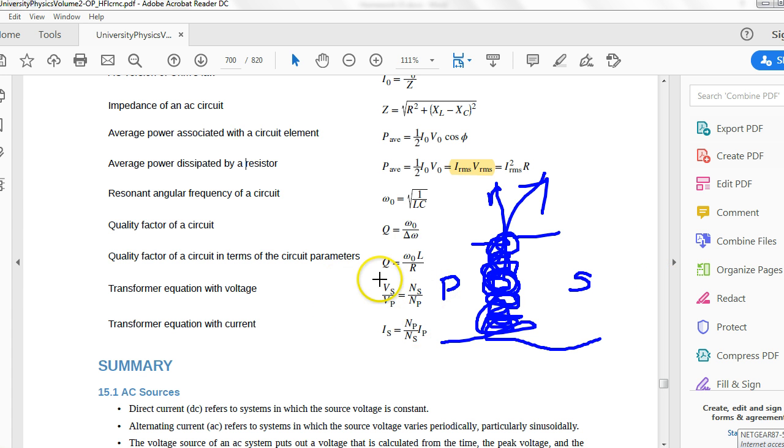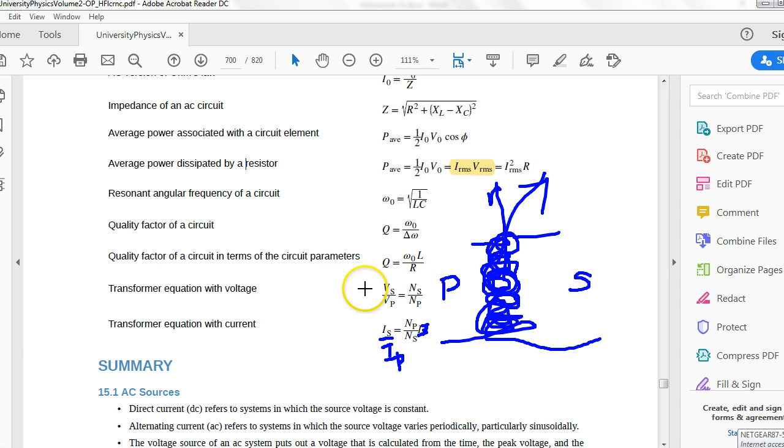And all this defines is the voltage on the secondary divided by the voltage on the primary is just the number of windings on the secondary divided by the number of windings on the primary. If you look at it from a current perspective, I would write this IS over IP, right, is NP over NS. So for the current, it's the inverse of what it is for the voltage, right?